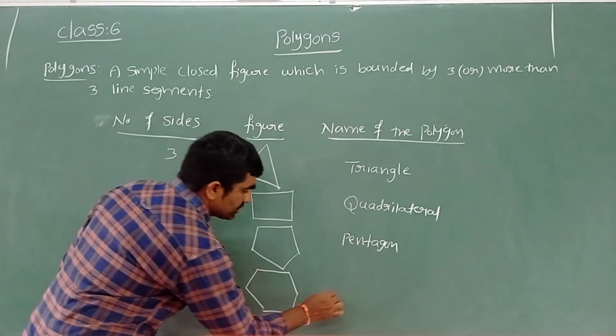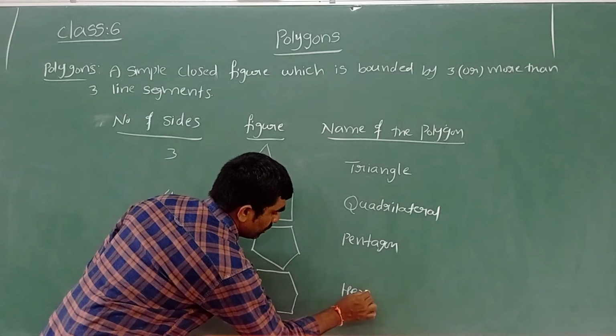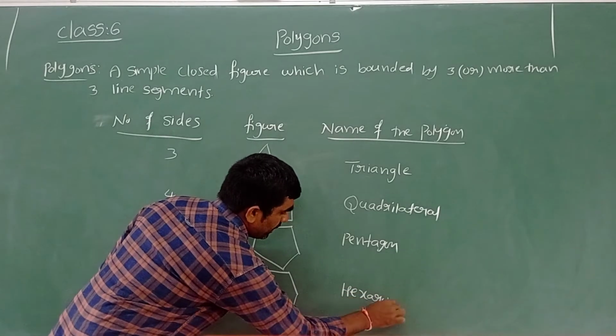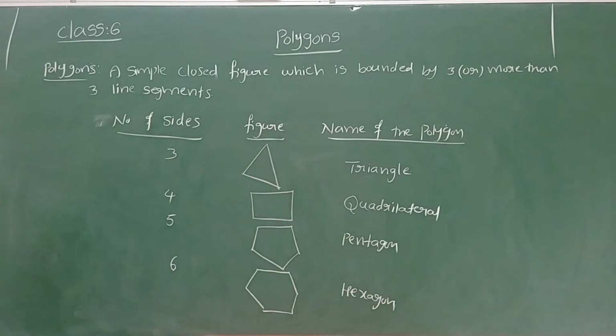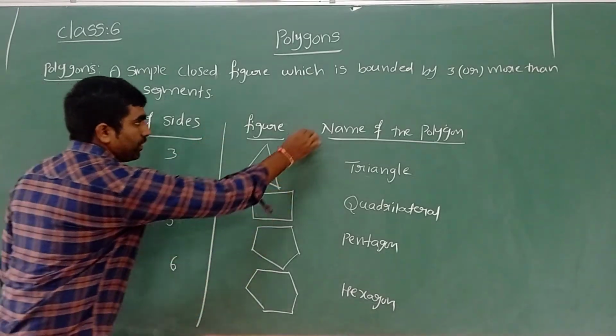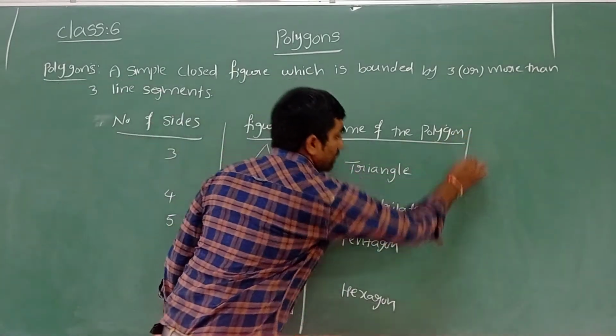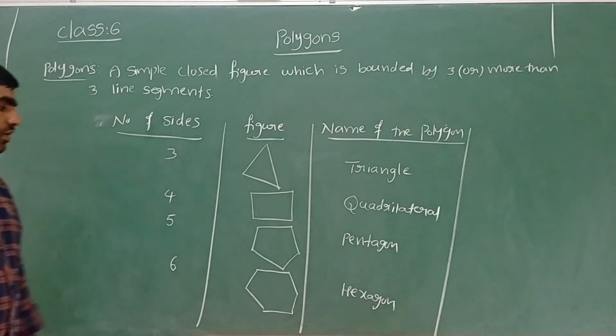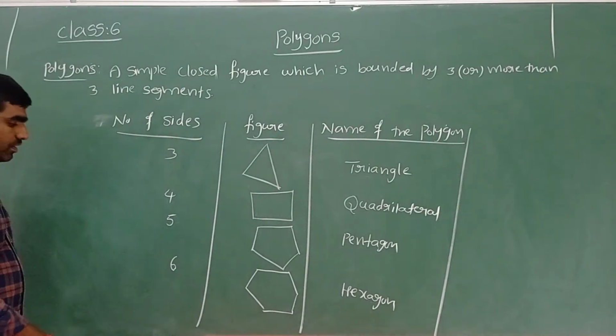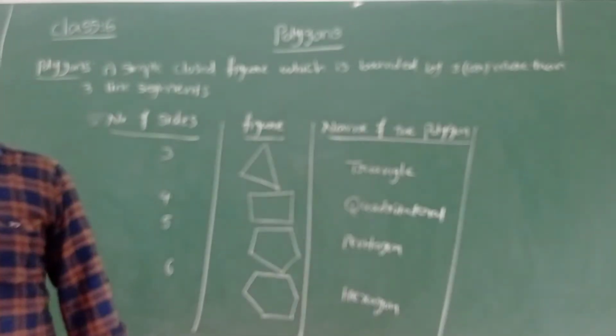If it has six sides, we call it a hexagon. So these are the types of polygons which we separate based on the number of sides. There are also polygons with seven sides, eight sides, nine sides.